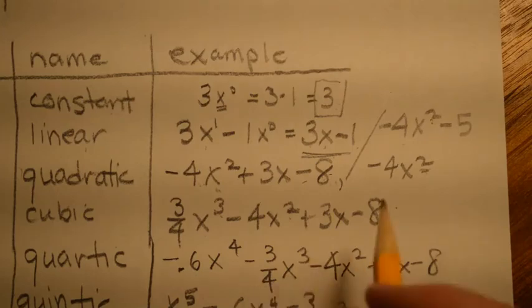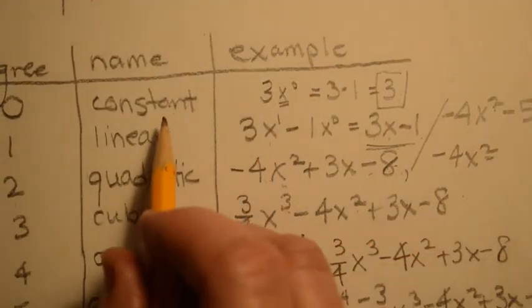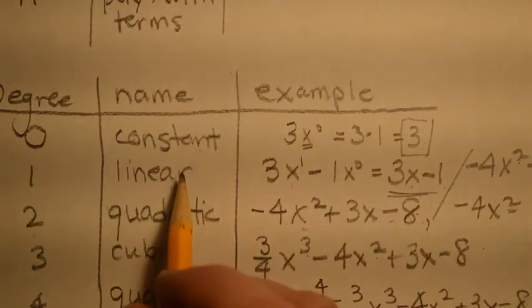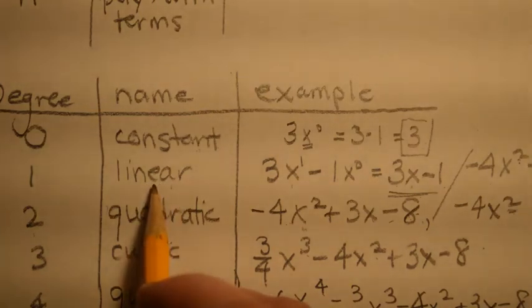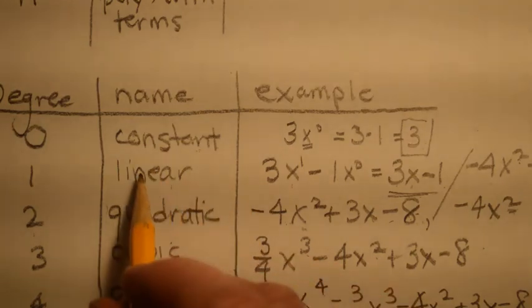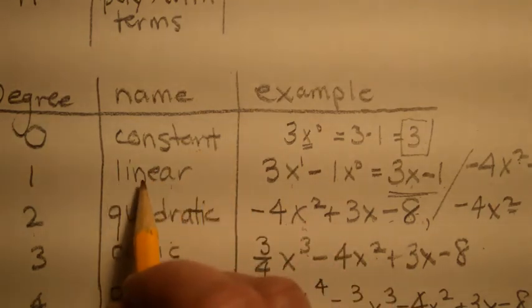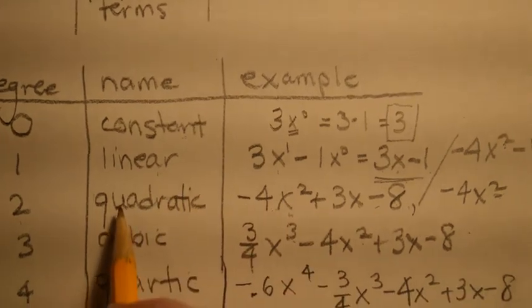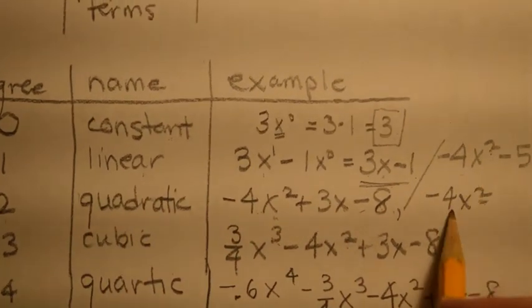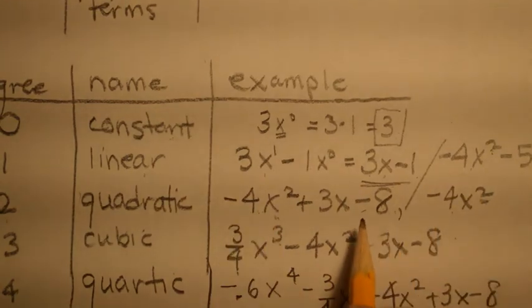So don't think that all constants have to be monomials, but linear could be either a monomial or a binomial. At least for our purposes, that's what we'll mostly see is linear that are monomial or binomial. Again, quadratic could be monomial, binomial, trinomial.